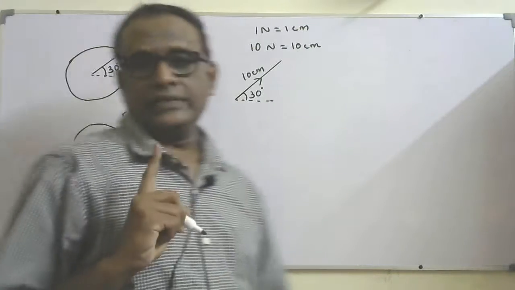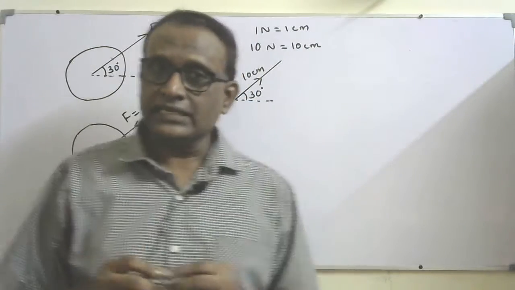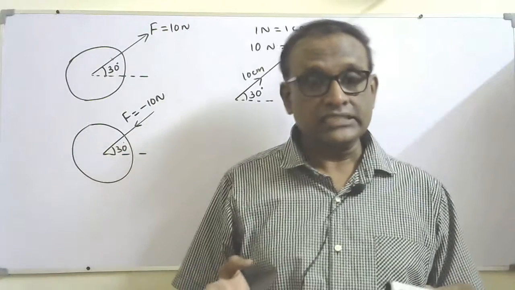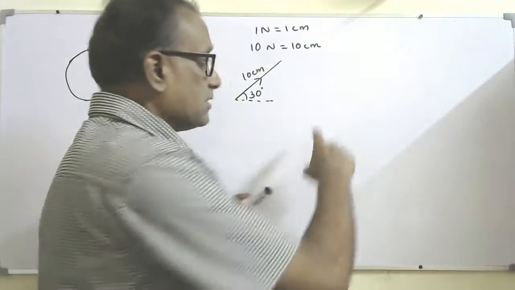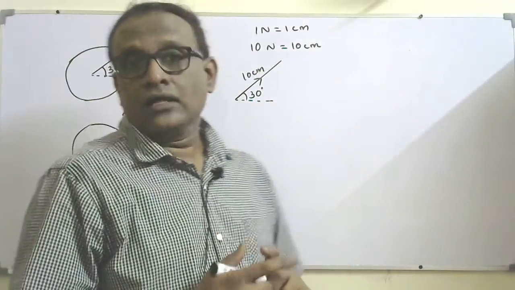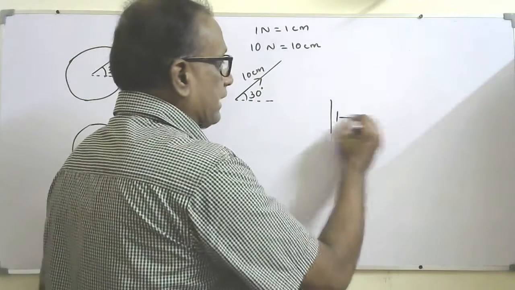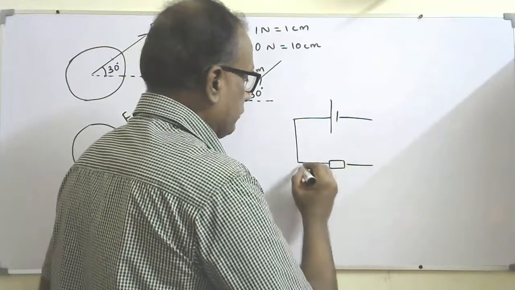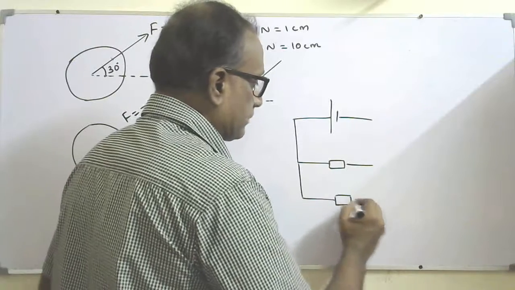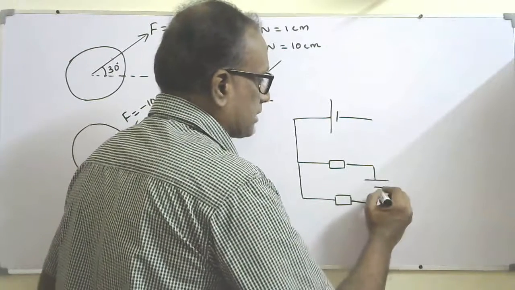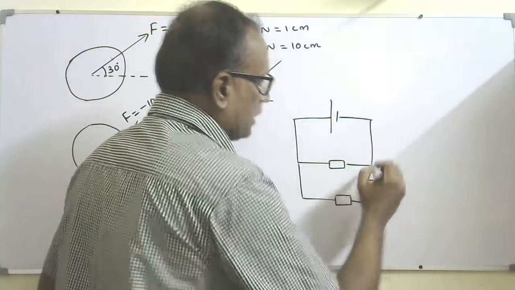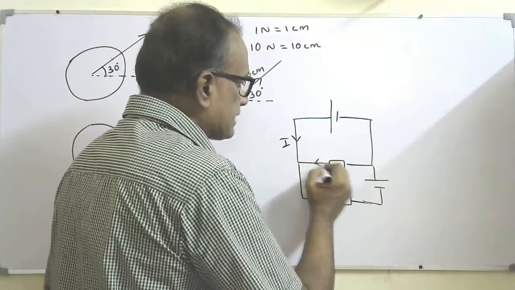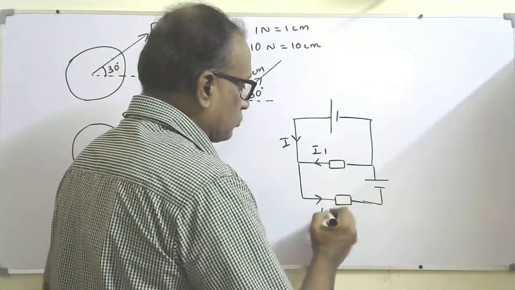But this property we sometimes use in electric circuits for current when we are using Kirchhoff's second law in a loop. I'm not drawing the complete diagram. Say, for example, we are considering a loop like this. There can be another power supply. Say the current I is coming here, and current I1 is in this direction, I2 I am considering.